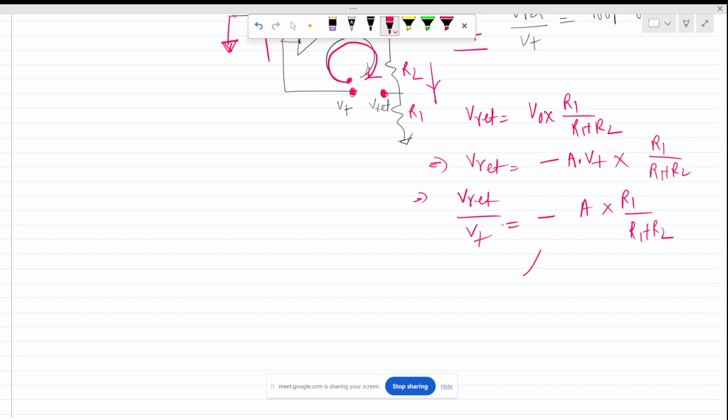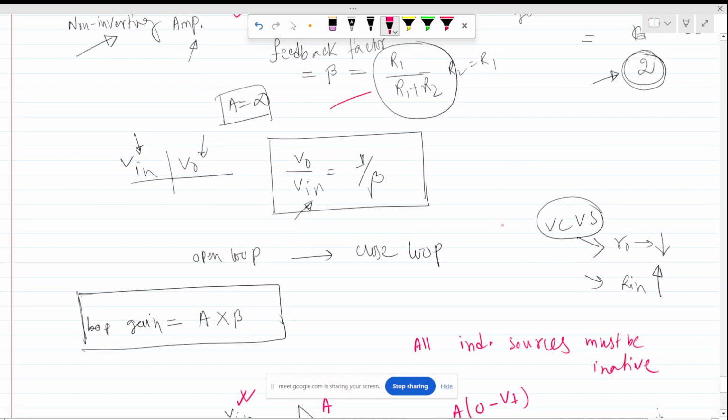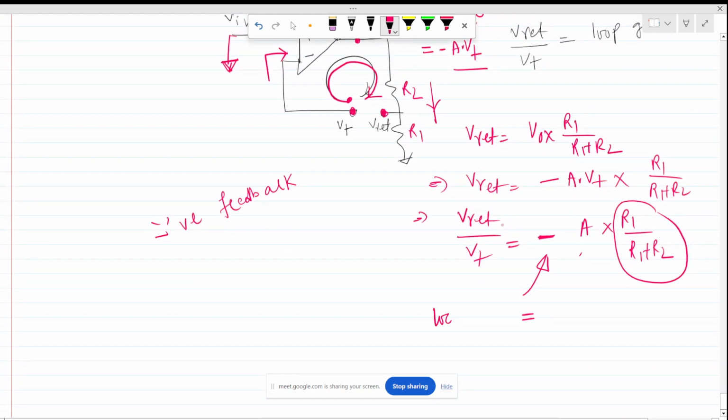We can see that there is a negative sign, so this actually represents our negative feedback. If the loop gain has a negative sign, this ensures that the circuit is in negative feedback. So this is A, and this is our beta, which we have calculated. This is how we can find the loop gain: loop gain is A times beta, with a minus sign.